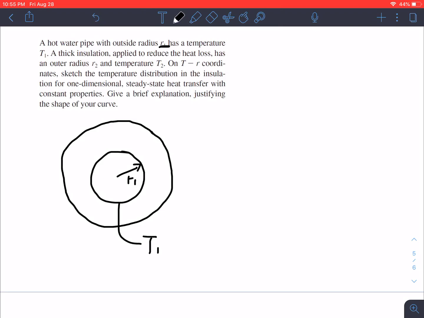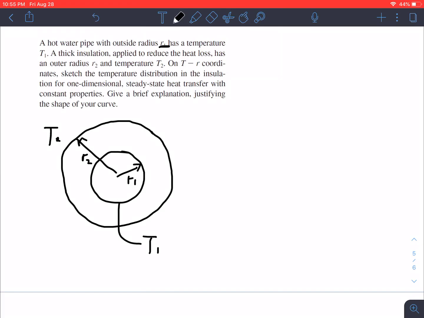And also here, the outer radius is also given as R2 and also the surface temperature T2.